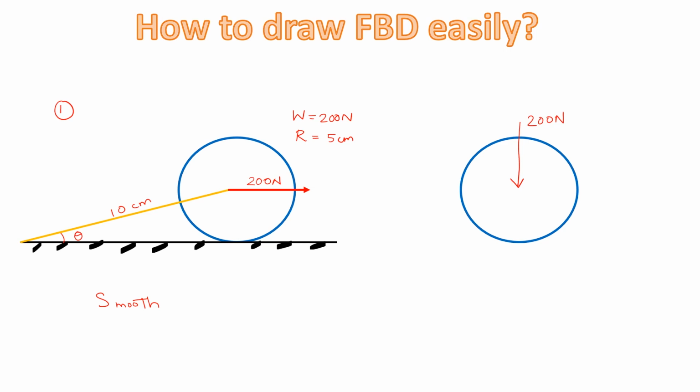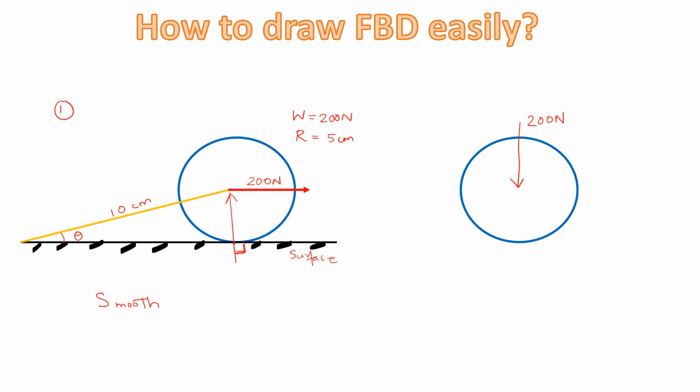Then, if a body touches any surface, a reaction will be developed. In this case, this is the surface and the body is touching this surface at its lowest point. So there will be a reaction from this point towards the center. Note that the reaction will always act towards the center and it will be perpendicular to the surface. This is very important.